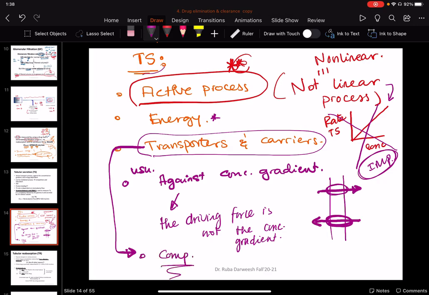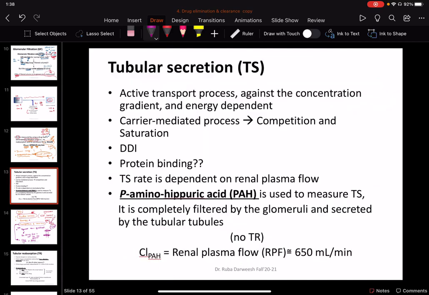So tubular secretion is considered one of the main sites of competition between drugs or materials that are already taken. That's why it's one of the major sites of drug-drug interaction, or drug-herbal interaction, in the body or in renal excretion.